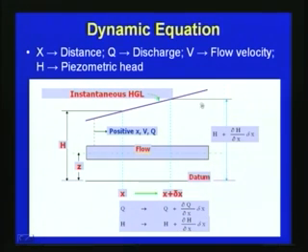This is the control volume we consider, where x is the distance, q is the discharge, v is the flow velocity, and h is the piezometric head. We consider the control volume between sections 1 and 2 to derive the dynamic equation.